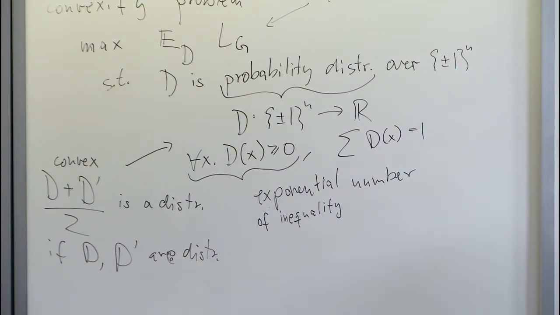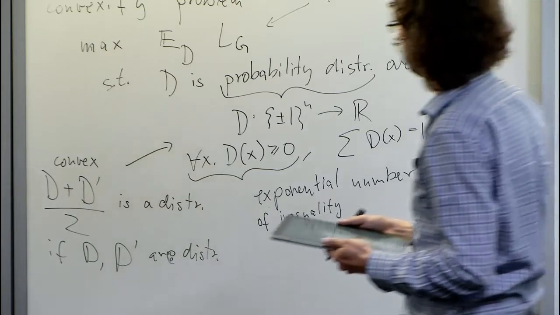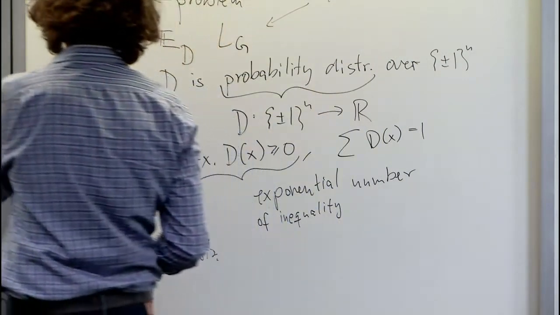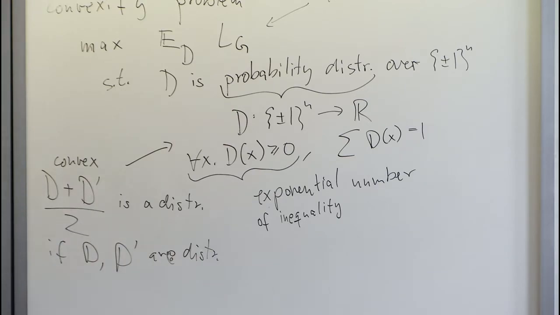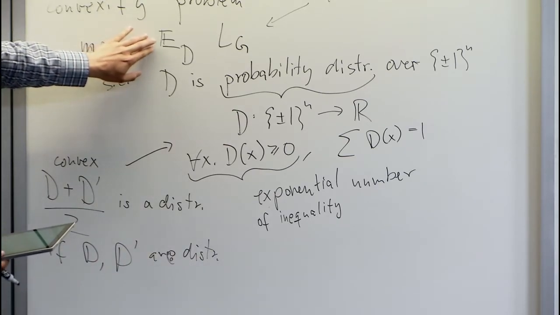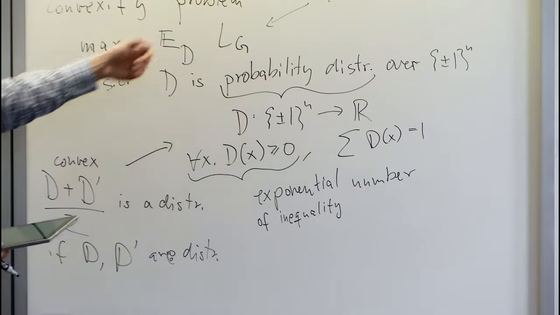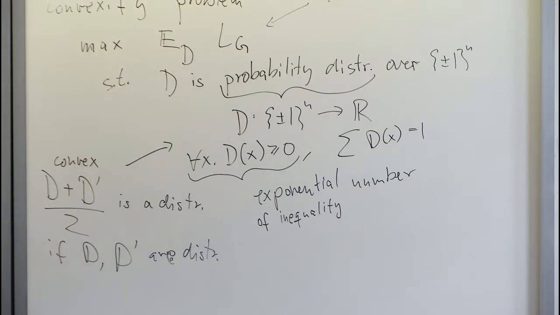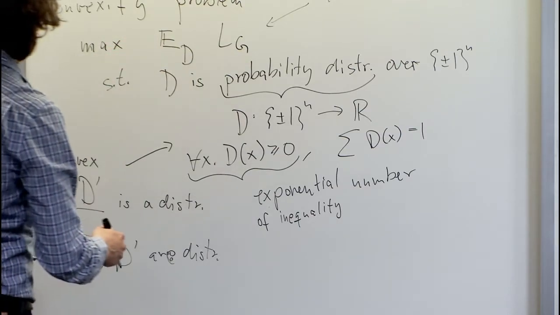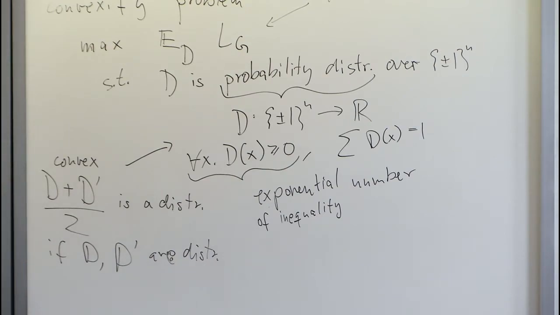And let me also say that instead of finding a distribution and maximizing the expectation of the function that you want to maximize, it's in some sense a bit better, in some situations, to think of it this way.